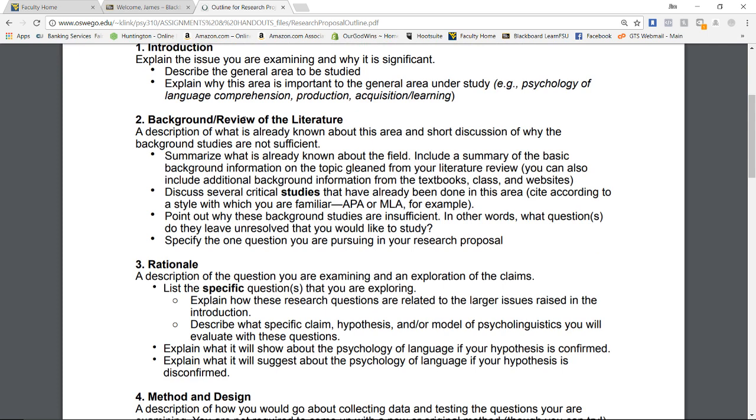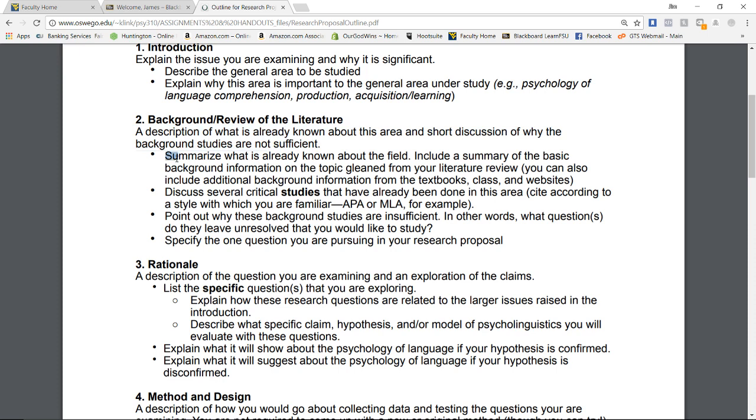The background and review of literature is just like it says here. A description of what is already known about this subject that you're writing about, and a short discussion of why the background studies maybe aren't quite enough. Now, that I'm not so concerned about. You just want to make sure that you discuss here what is already known.